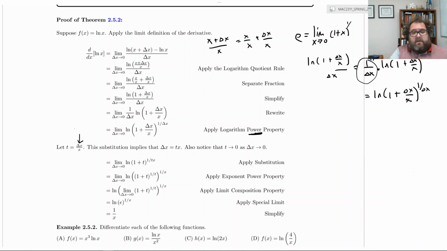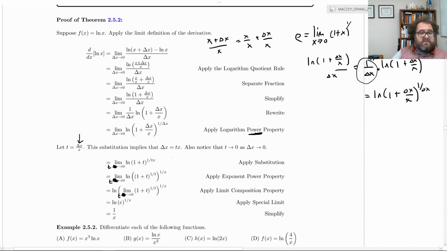So my point being there is that we're still going to take the limit as t goes to 0. Now, I just looked ahead on my next line of notes and realized I made a mistake. I'll fix this before you see the notes, but that's supposed to be a t there because we have now changed variables, not delta x. So those all need to be t's because now we're taking the limit as t goes to 0.